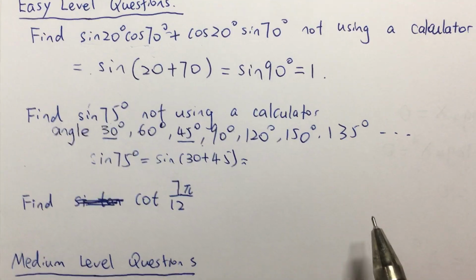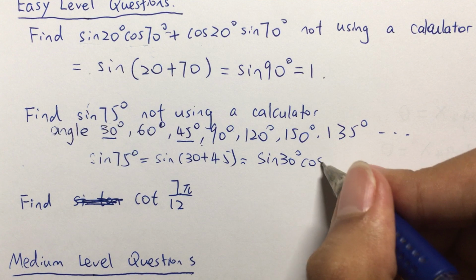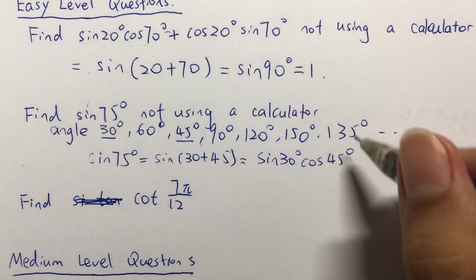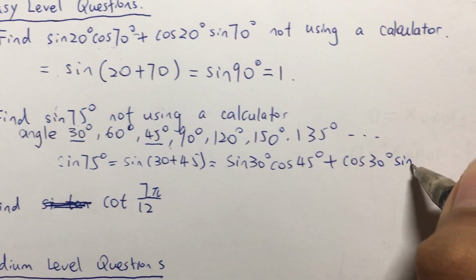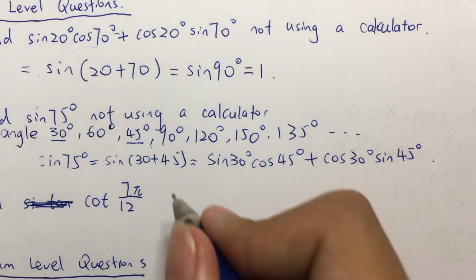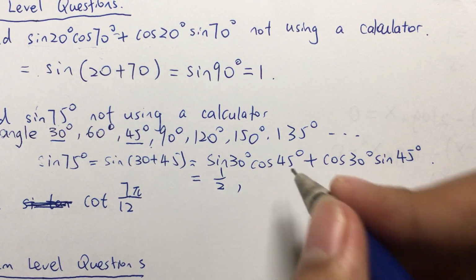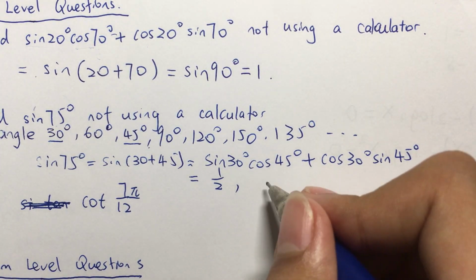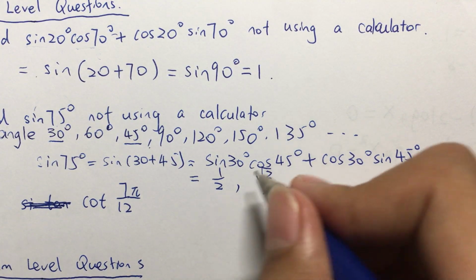And then we use the compound formula, which is equal to sine 30 degrees cosine 45 degrees plus cosine 30 degrees sine 45 degrees. And we know that sine 30 degrees is equal to a half, cosine 45 degrees is equal to square root 2 over 2.